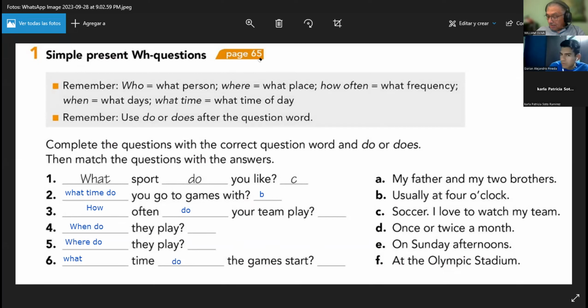It's just what time? Who do you go to games with? ¿Con quién vas a los juegos? Yes.